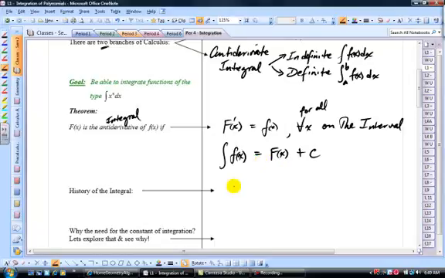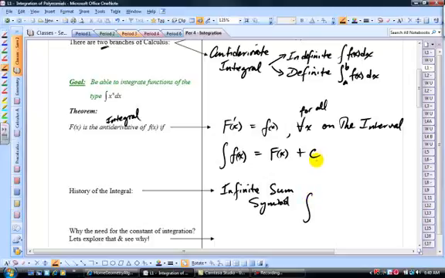Now the history of the integral: it actually represents an infinite sum. It dates back to Leibniz and Newton, which you're going to research pretty soon. Because it represents an infinite sum, we use the elongated s symbol for the integral, as you're going to find out later on.